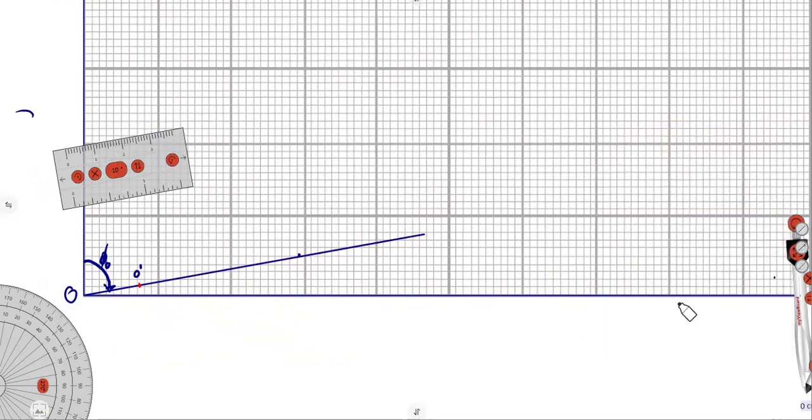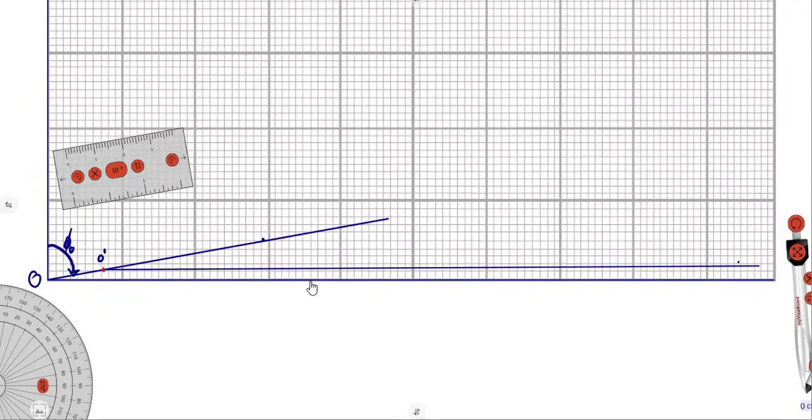Remember, we've got this one on the ground, so it must be parallel to that, straight. So that is going to be something like this. This must be exactly parallel, guys, to that one. It's supposed to be maintaining equal distance in between.